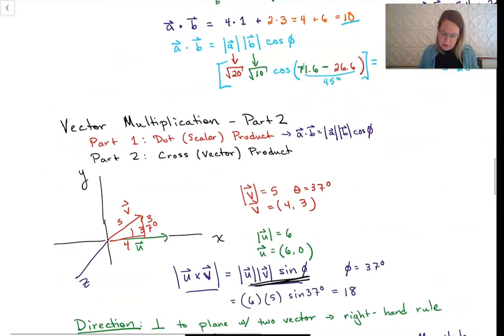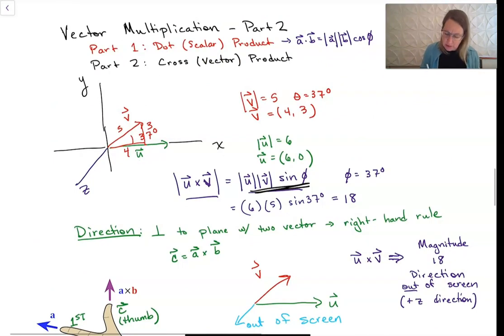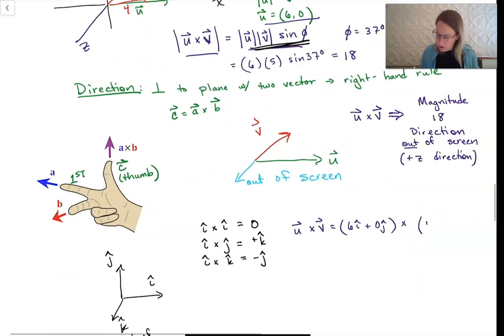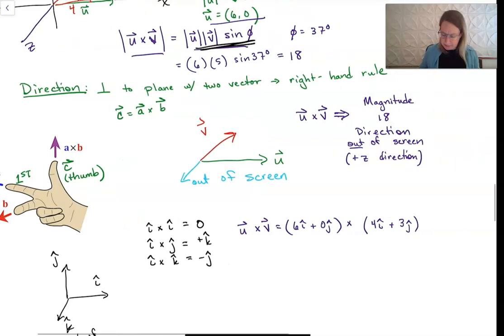So if I use this and I took my original U cross V and did it by components, my U cross V in terms of components, so V is there and U is there, U would be 6 I hat plus say 0 J hat, just to be explicit, crossed with 4 I hat plus 3 J hat.